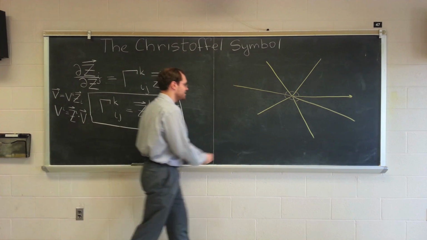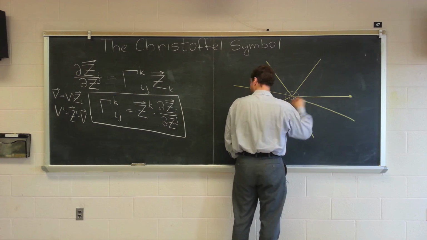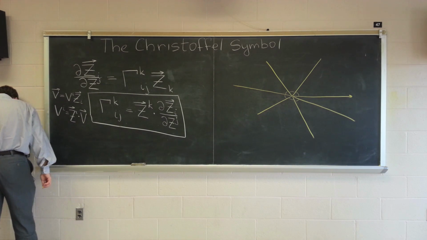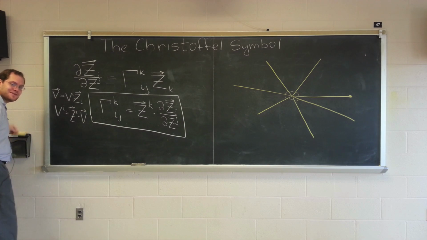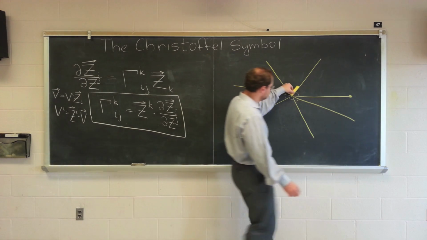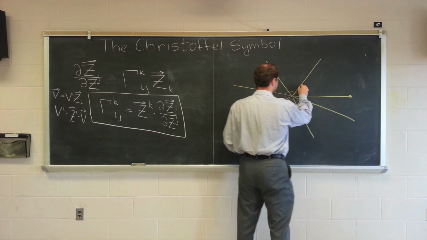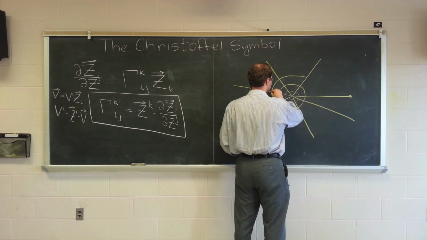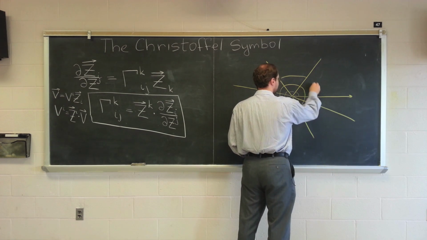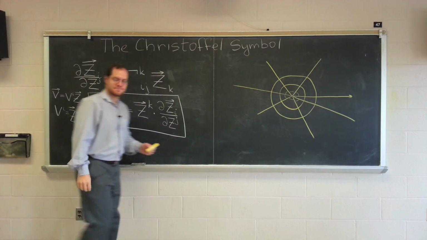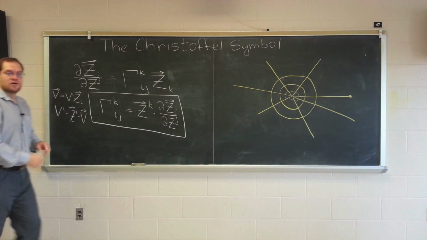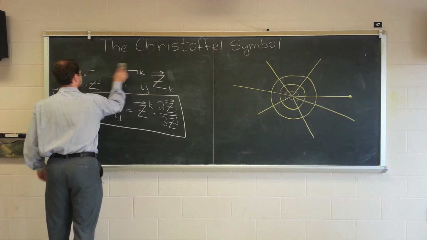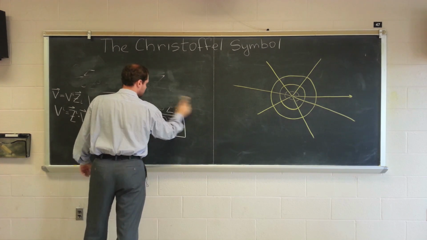There you go, that's my angle coordinate lines. Here's our unit circle. So here's r equals 1. I've just had good luck in this course drawing polar coordinates, I have to admit. Okay, let's start. I guess this will be a good place to document it. Gamma^1_11.